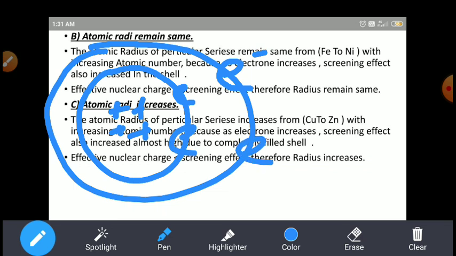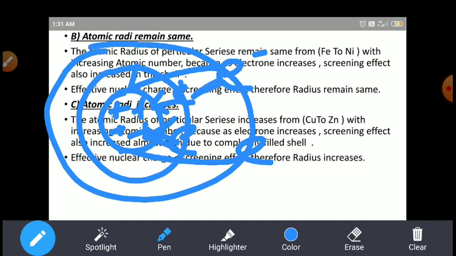Okay, students. Whatever nuclear attraction the outermost electrons experience, the same amount of repulsion is caused by the inner shell on the outer shell.